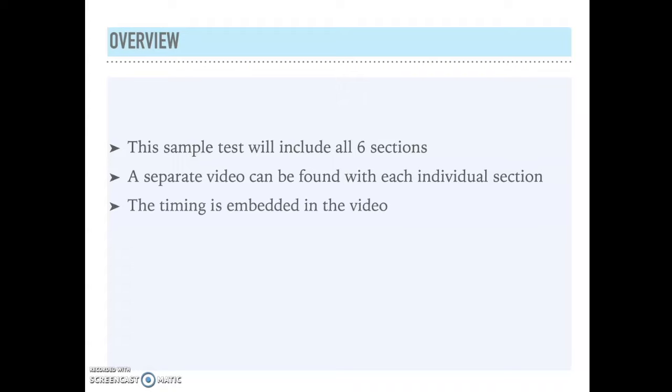To help you work on your time management skills, we have embedded the timing into the video. This means if you have 3 minutes to answer a set of questions, the time will be provided in the video itself and there's no need for you to pause the video. The questions and task types also reflect the real exam. This is important because some free sample tests do not necessarily follow the exact same question and task types as the real test.